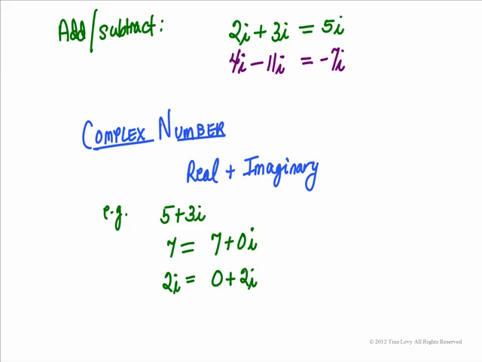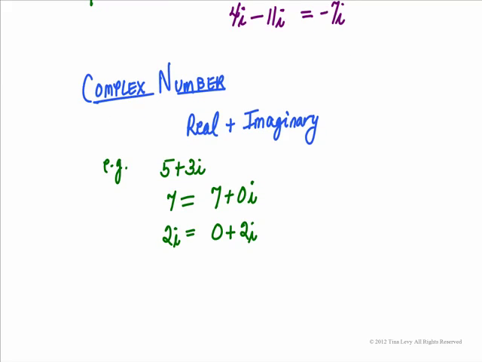We're not going to get in great detail about this, but these complex numbers are used in physics a lot, and it's because with a real and imaginary part, a complex number can be thought of as an ordered pair. So this would be the ordered pair 5, 3. The number 7 is the ordered pair 7, 0. The number 2i is the ordered pair 0, 2.